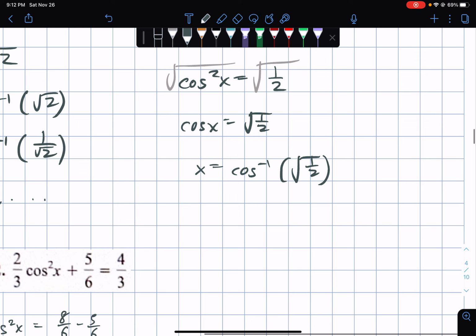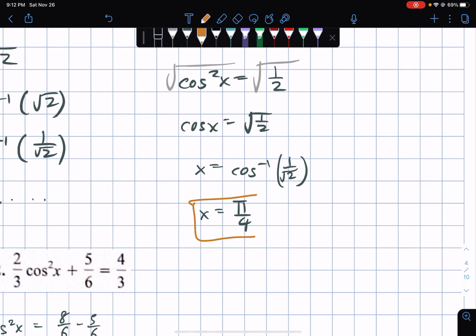Okay, I could actually write it this way. Won't be so hard. x is equal to pi over 4. There are more solutions.